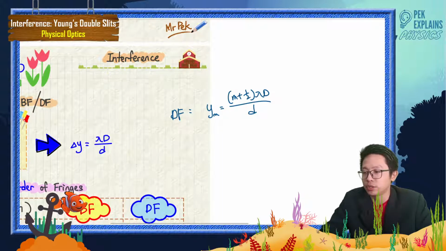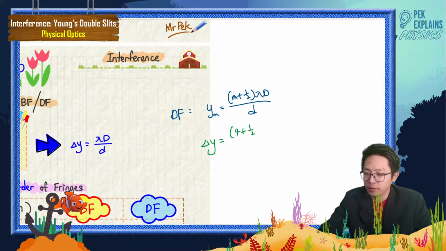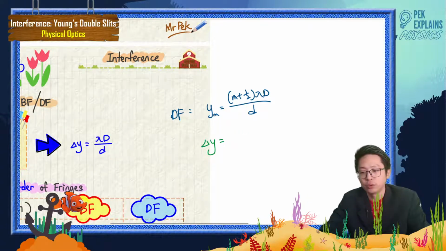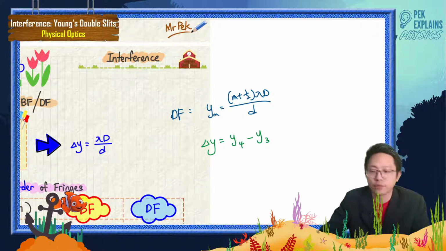So what about delta Y? Let's talk about delta Y for two dark fringes, using the fourth order. Delta Y is also y4 minus y3 for the dark fringe.